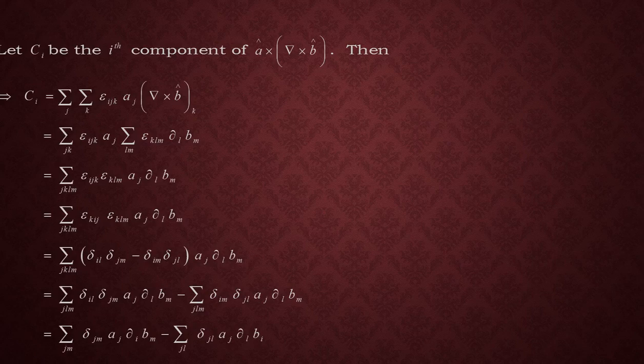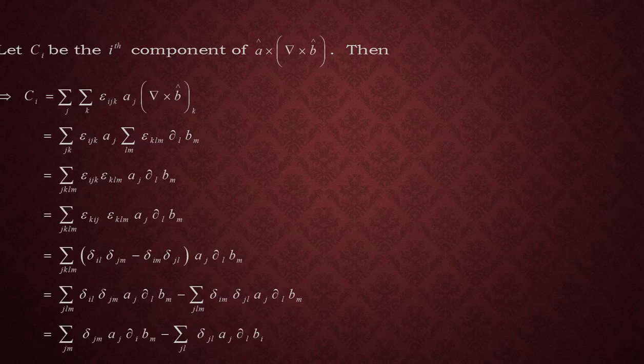Then we obtain C_i equals summation sigma over jklm delta_il delta_jm a_j ∂_l b_m minus summation sigma over jklm delta_im delta_jl a_j ∂_l b_m.